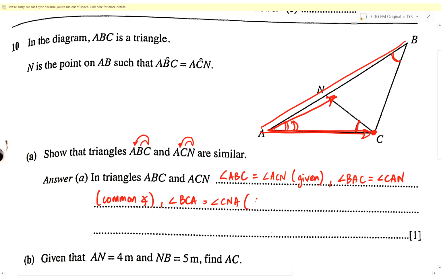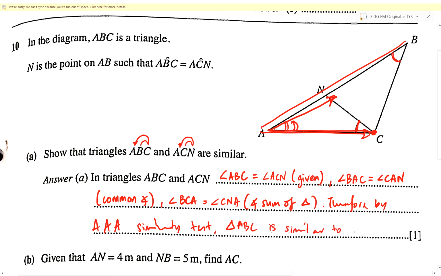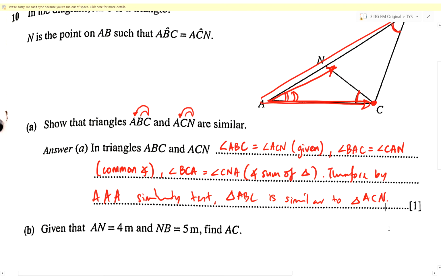The reason is the angle sum of a triangle: if two angles are the same, then the third angle must be the same. Therefore, by the AAA similarity test, we copy down whatever was given in the question. Triangle ABC is similar to triangle ACN. So that's the first part.